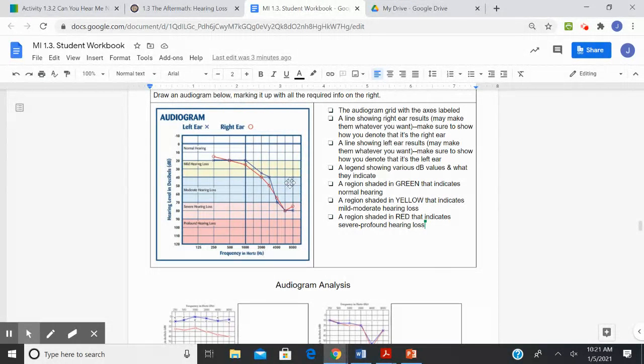So these would be higher pitch sounds. And it's going from quieter to louder as you go from top to bottom. The blue color and the X's indicate the left ear, and the red color, the circles, are the right ear. You can see that the two lines kind of follow each other. Both of them doing the same thing indicates hearing is relatively similar in both.